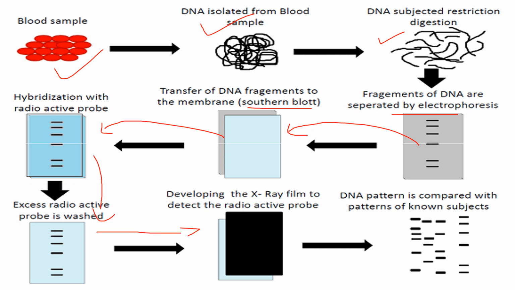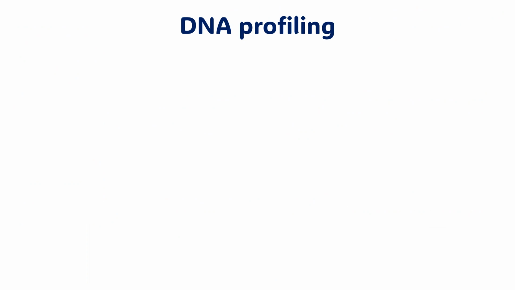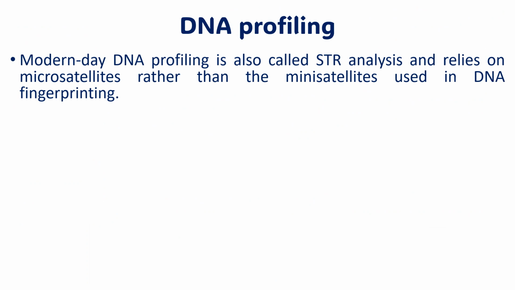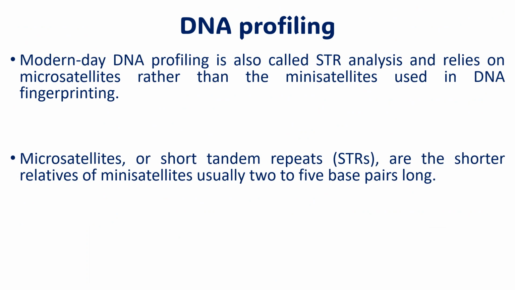Now, DNA profiling. Modern day DNA profiling is also called short tandem repeat analysis, and it relies normally on microsatellites rather than the minisatellites used in DNA fingerprinting. Microsatellites, or short tandem repeats, are the shorter relatives of the minisatellite, usually 2 to 5 base pairs long.